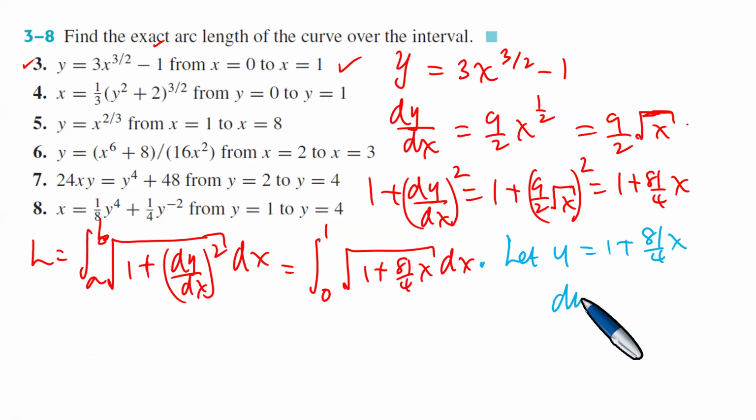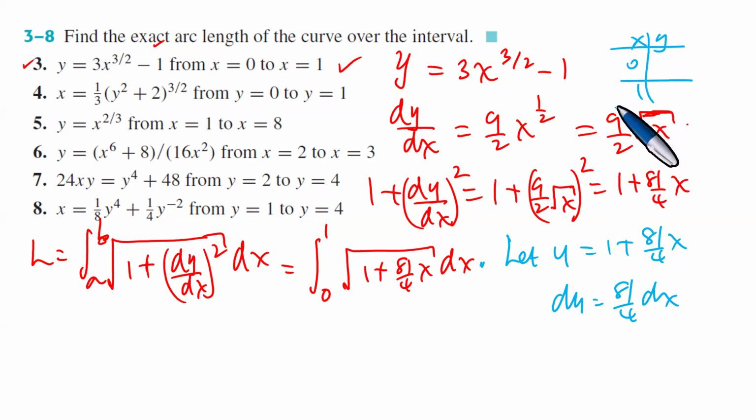So now, what is du dx? It is 81 out of 4. You do this one here, so that x is 0 to 1. Now, if we put 0 in the place of the x here to get the u, then u is 1.